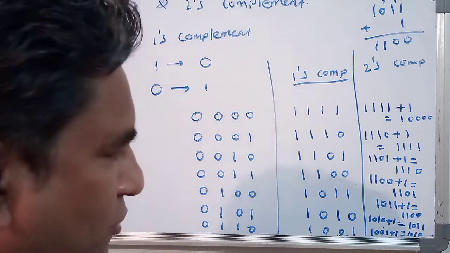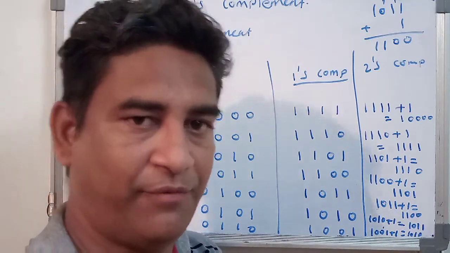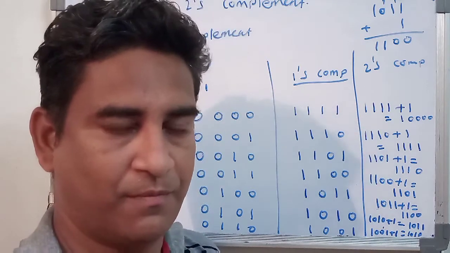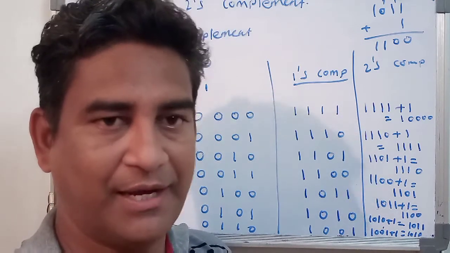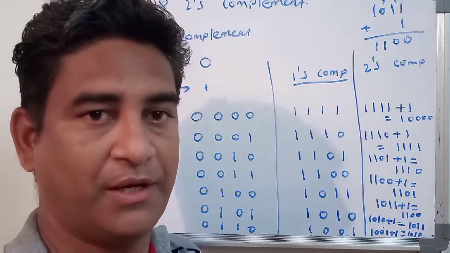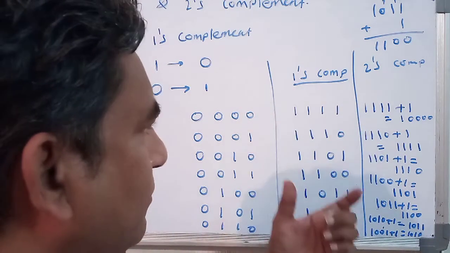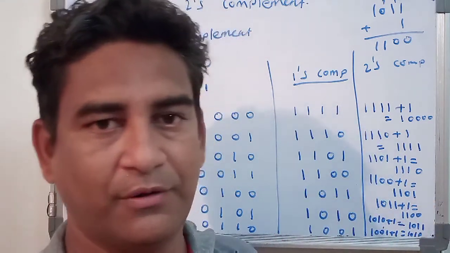Okay. So just by adding the 1 to the last bit, whatever answer you get, that answer is the 2's complement of the given number. In your text also there is a chart; you have to follow that chart.